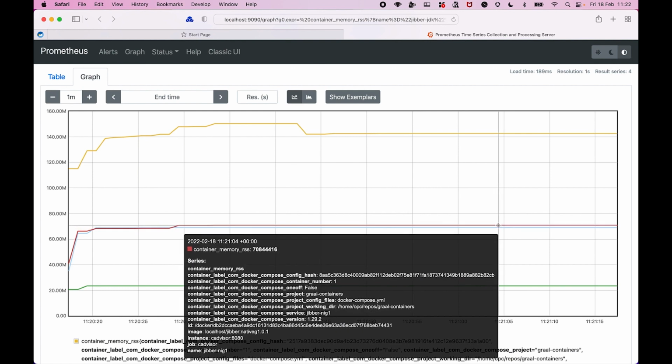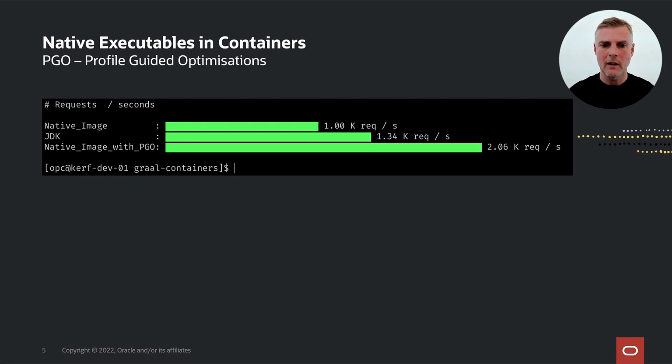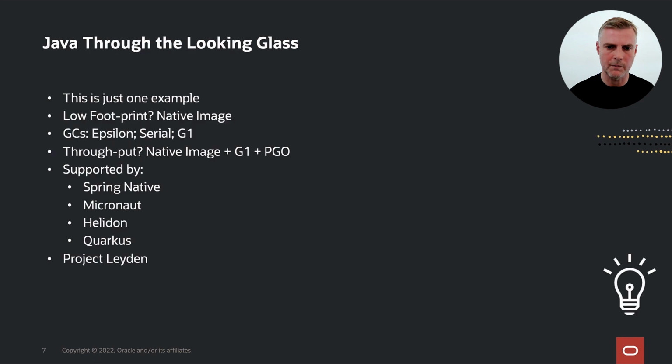So our optimized one and our G1 weigh in around 70 meg. So that's a classic trade-off where we've swapped some performance. We've got better performance, but at the expense of more memory consumption, but still massively reduced memory consumption.